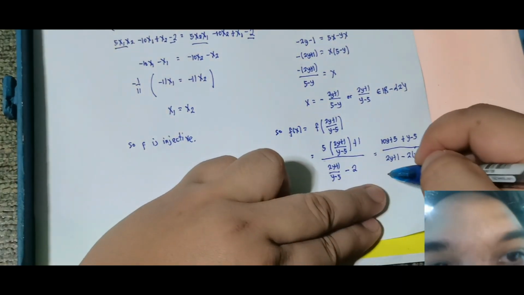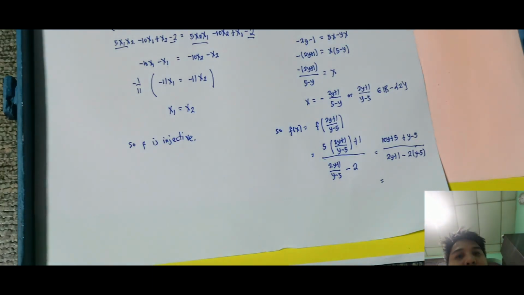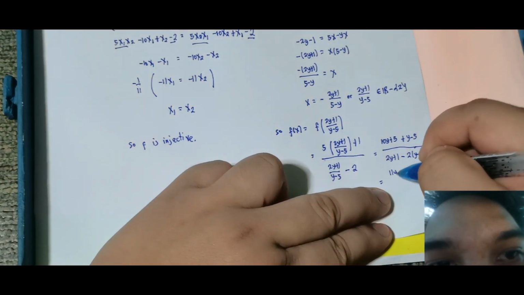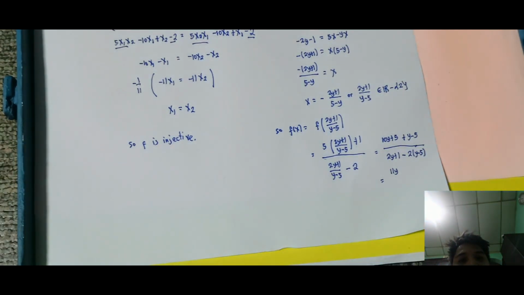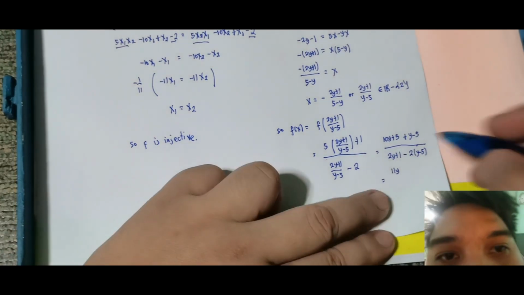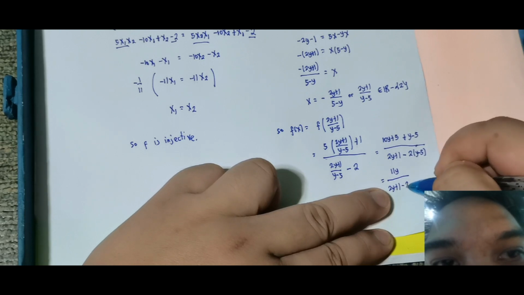And that is simply equal sa 10y plus 5. So cancel yung 5 minus 5, no? So that is 11y sa taas. Then over sa ilalim is meron kang 2y plus 1 minus 2y plus 10.